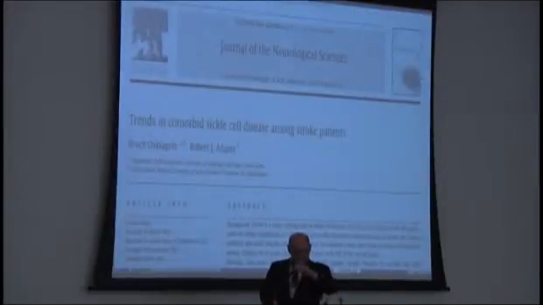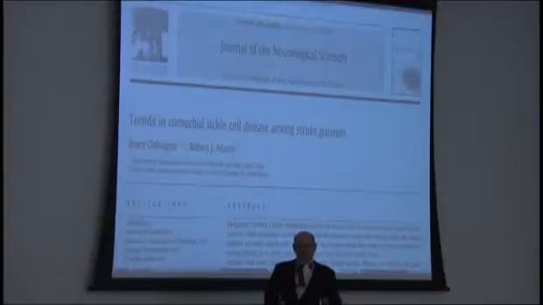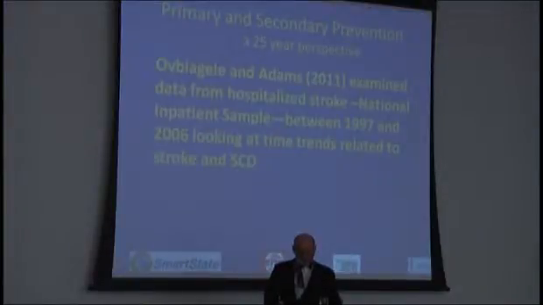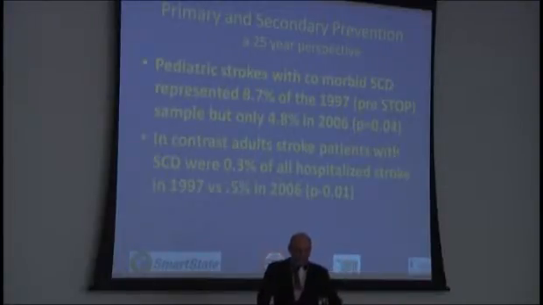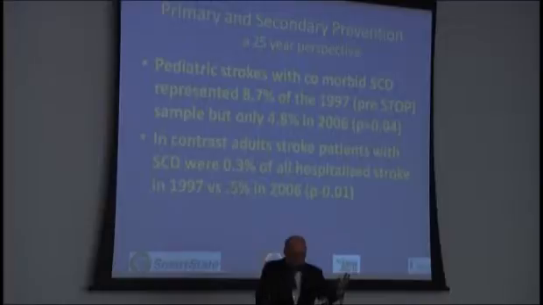A colleague of mine and I looked at the prevalence of sickle cell disease among kids with stroke in something we call the National Inpatient Sample. That's a data bank in the United States over the whole nation. In the post-STOP compared to the pre-STOP era, pediatric strokes that also had sickle cell disease, that prevalence went from 8.7% of all of the kids' strokes down to less than 5%, which was significant.